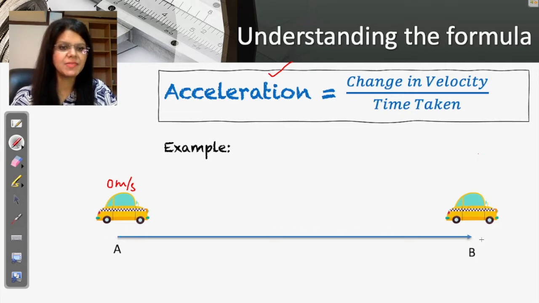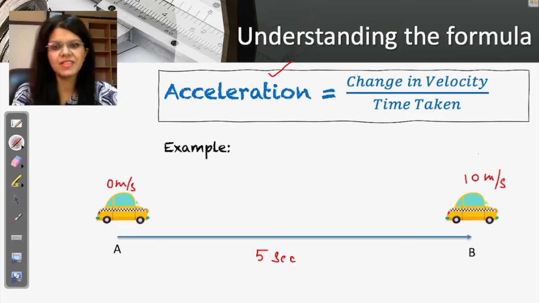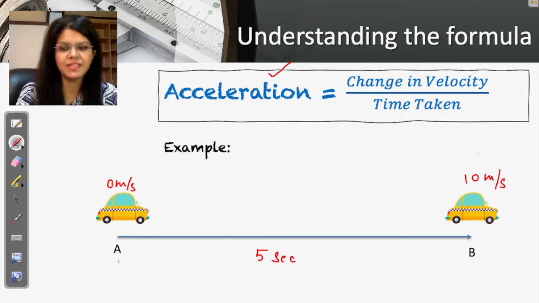And it reached B. When it reached B, its speed was, say, 10 meters per second. And the time taken to reach from A to B, say it is 5 seconds. 5 seconds here is the time taken to reach from point A to point B, right?